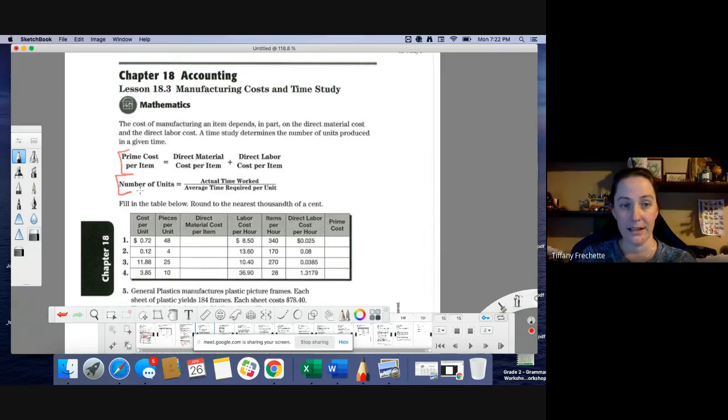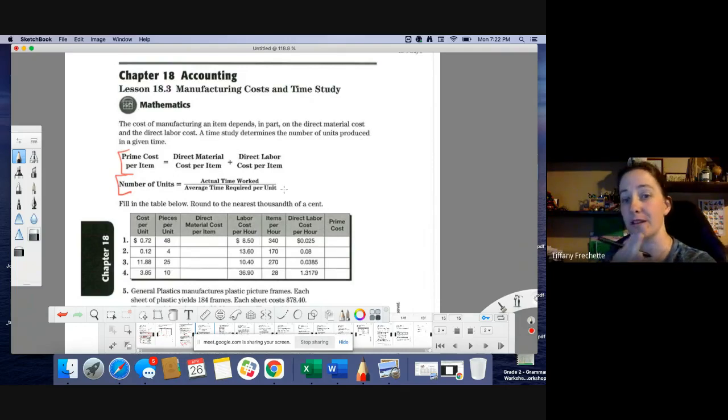And then number of units equals actual time worked divided by average time required per unit. So this kind of helps. I believe we're going to use this on the time study for this one. And so it just helps us give more of an average than individual, depending on what information we're given. All right, so fill in the table below, round to the nearest thousandth of a cent.